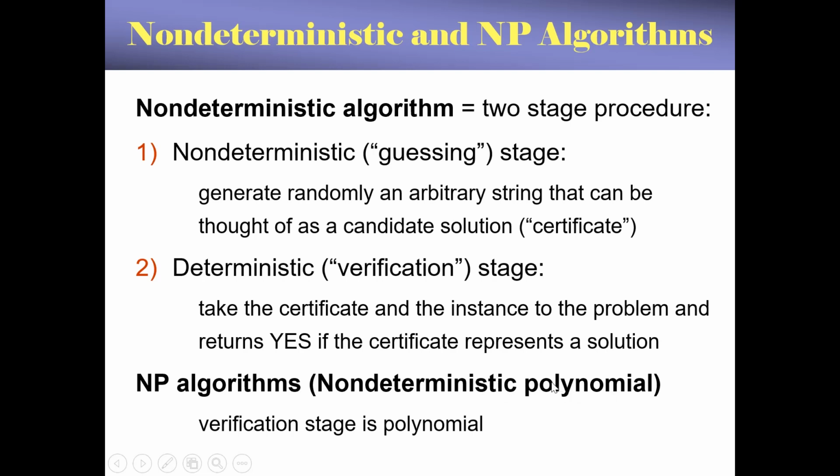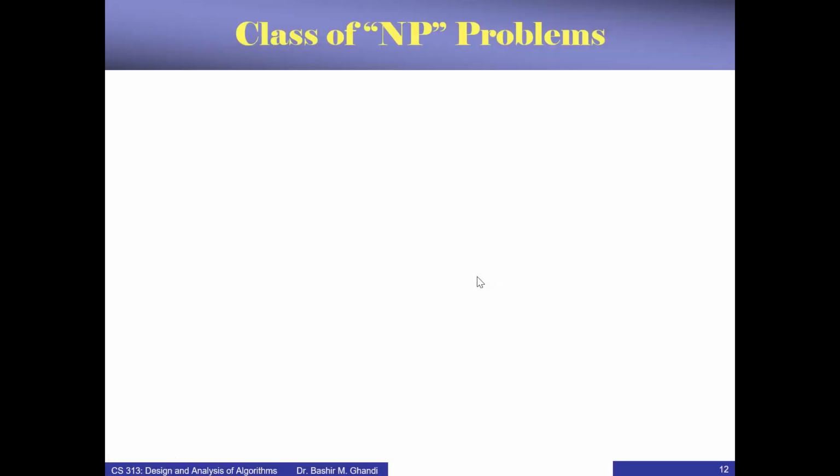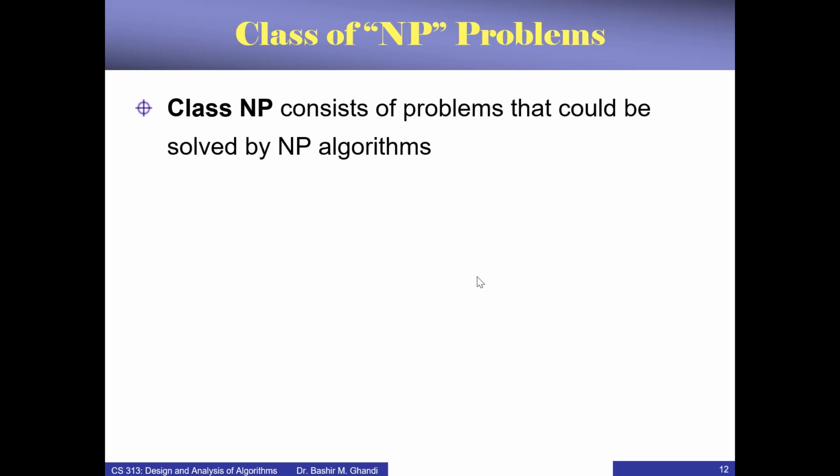Okay, if an algorithm satisfies these two, then it is said to be NP. Let me give that in a more formal way. The class NP consists of problems that can be solved by NP algorithms.